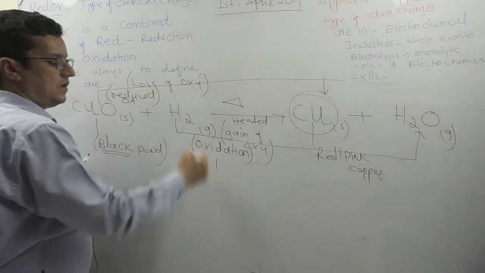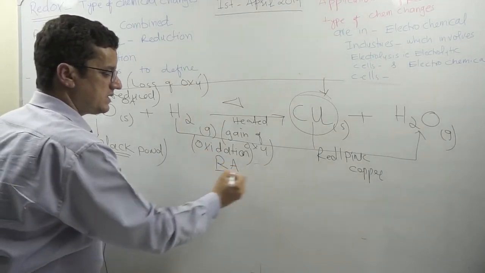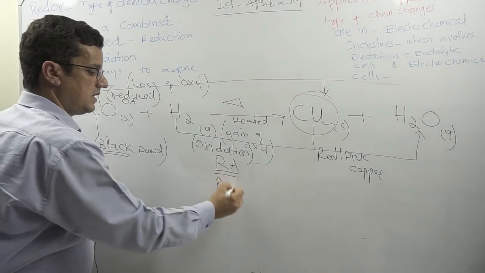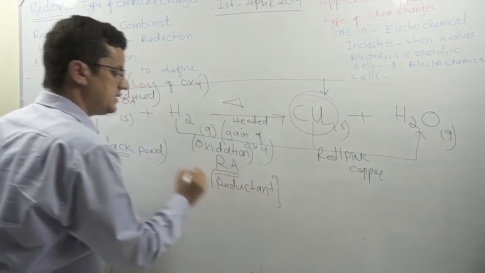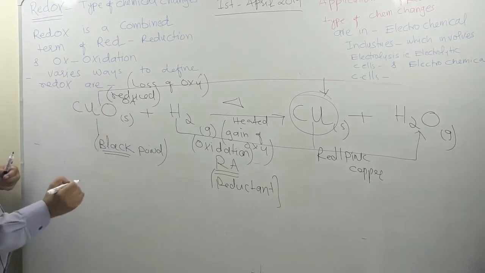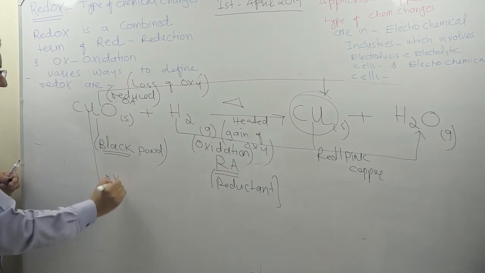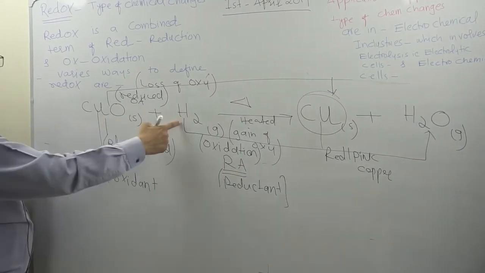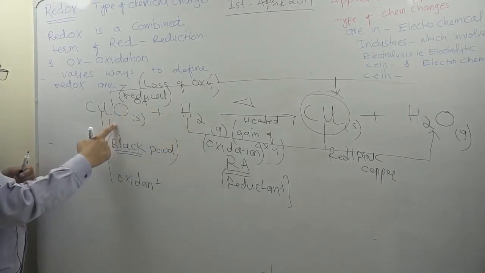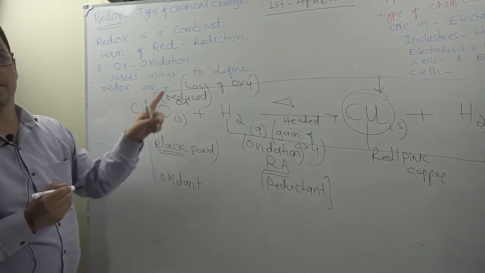It is oxidized, so it is a reducing agent. Another term for reducing agent is reductant. So hydrogen is the reductant, and copper oxide has been reduced, so it's an oxidizing agent, or oxidant. A coupled reaction: this is reduced, this is oxidized. So redox has helped us get pure metals from their ores.